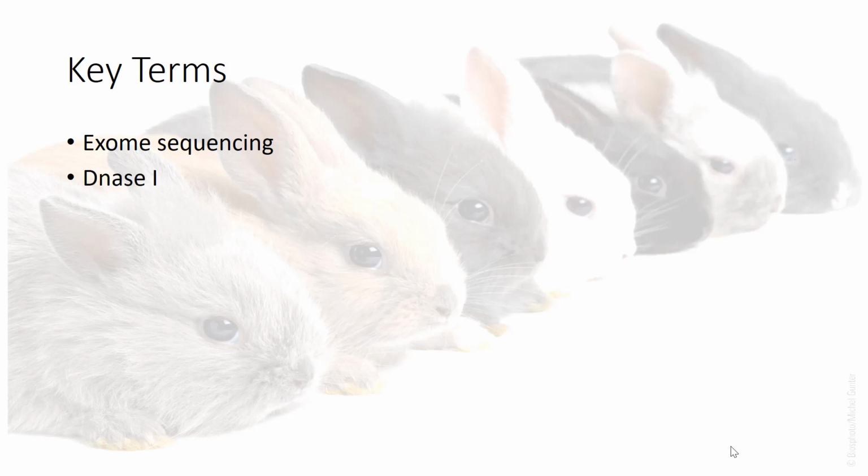DNase-1. DNase-1 is an enzyme that basically targets specific regions of the chromosome that have certain protein signatures. And so DNase-1 is used to basically just sequence what we would call the DNase-1 hypersensitivity sites, which are going to be sites that are actively transcribed.